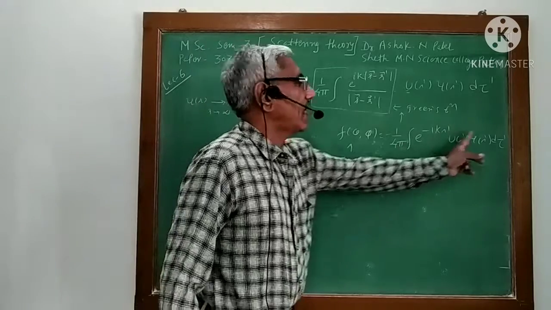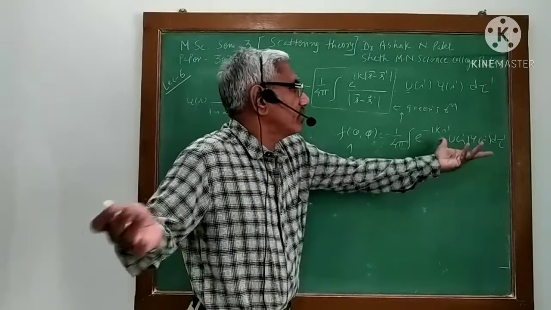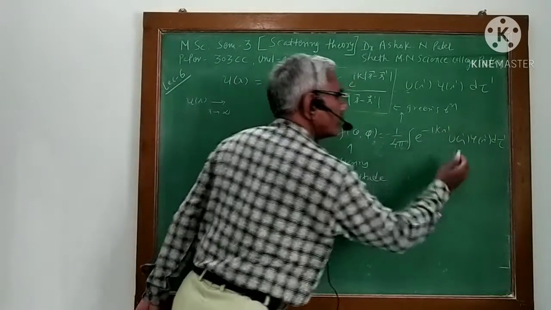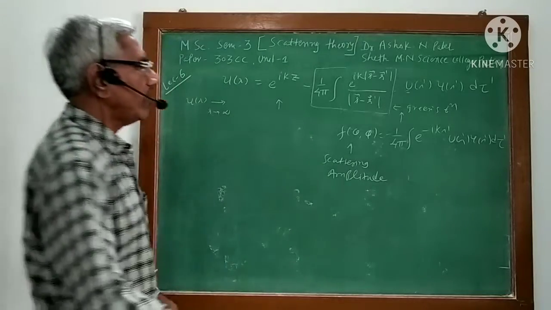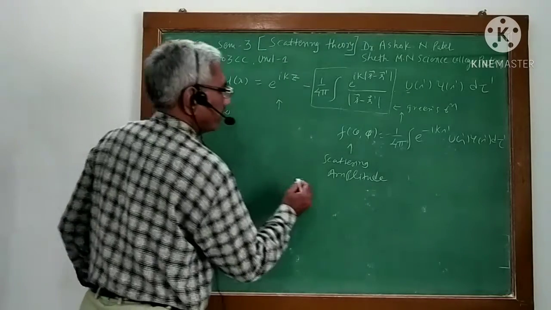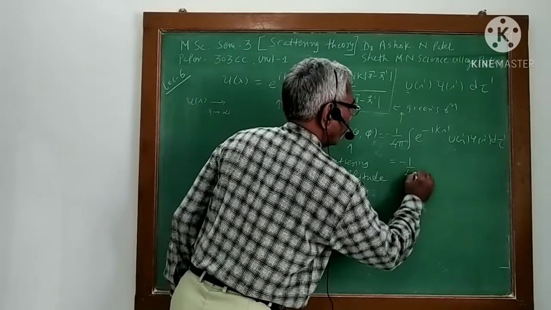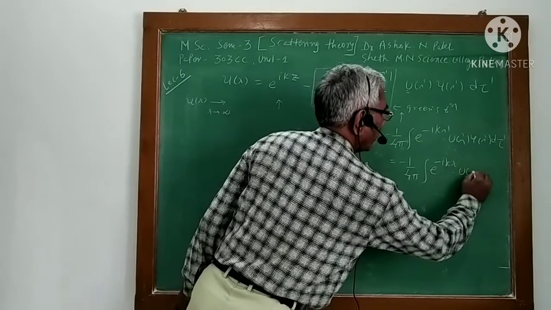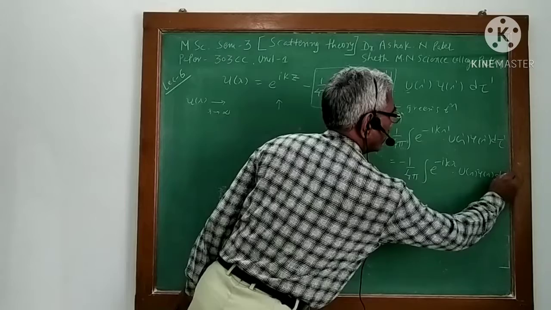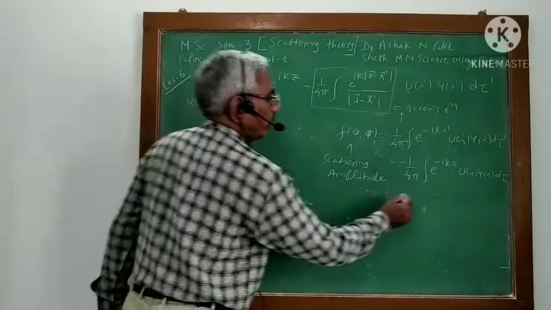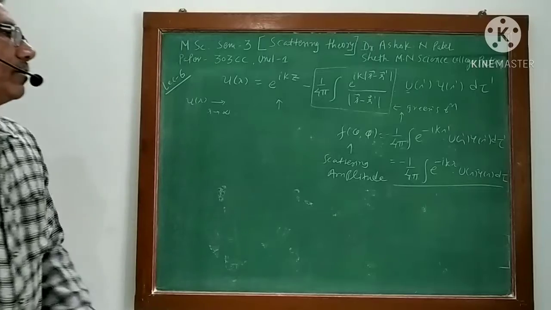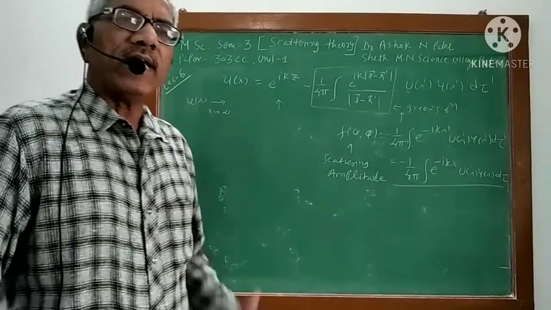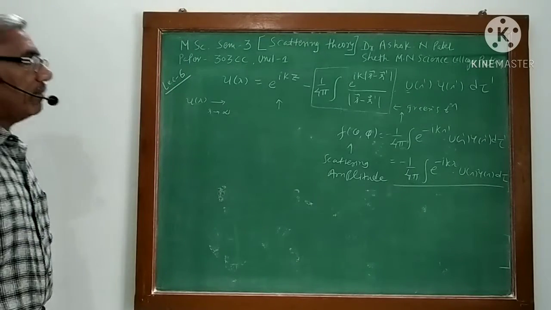Since this integration is over r dash, but there is no other r, so you can drop that index. So you can write in this fashion, equal to minus 1 upon 4 pi integral e^{-ikr} into u(r) into dτ. Now this is your formula for scattering amplitude, and that is called the formal expression for scattering amplitude. Okay.